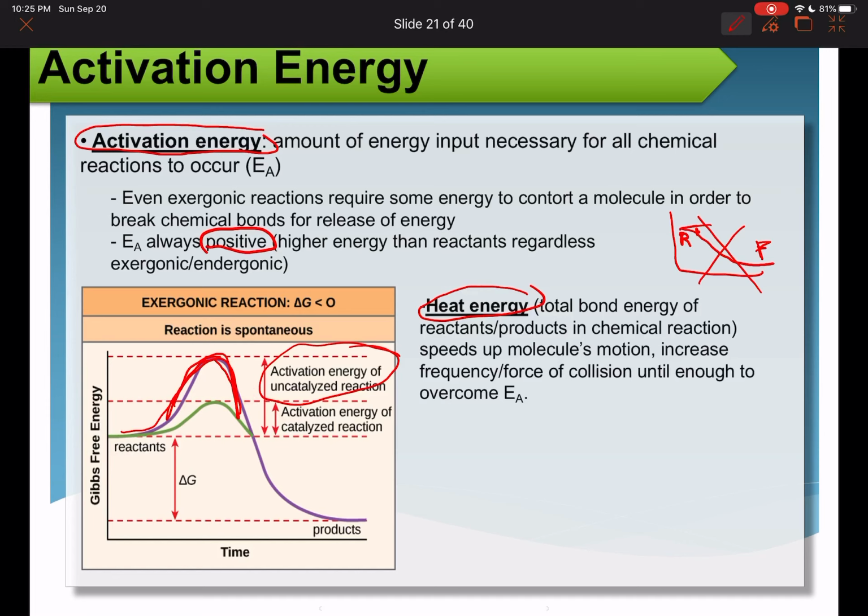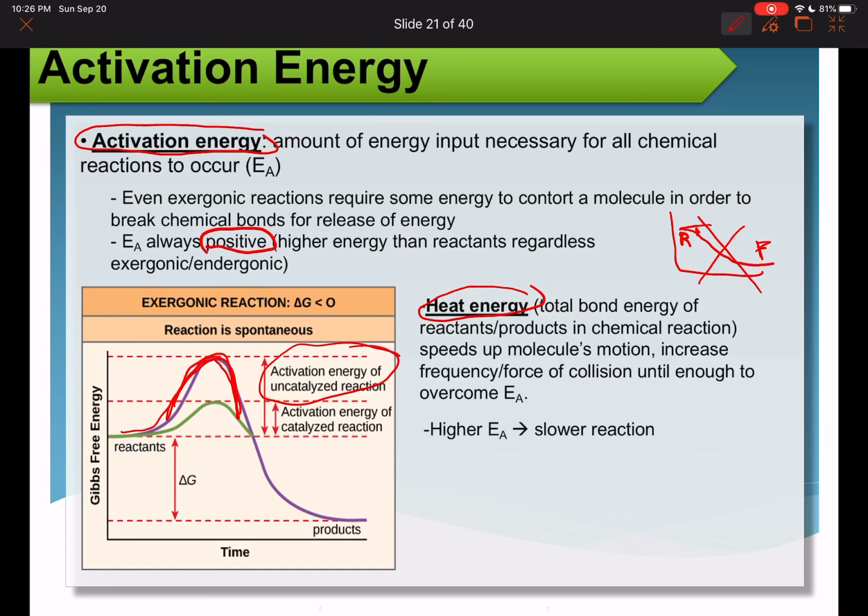This explains why sometimes when we heat up something, it makes a reaction go a lot faster. It is because of that higher frequency of molecules bombarding against each other and the more force they're hitting each other with. That's what drives a reaction, in a sense, overcoming that activation energy to get over to the products.